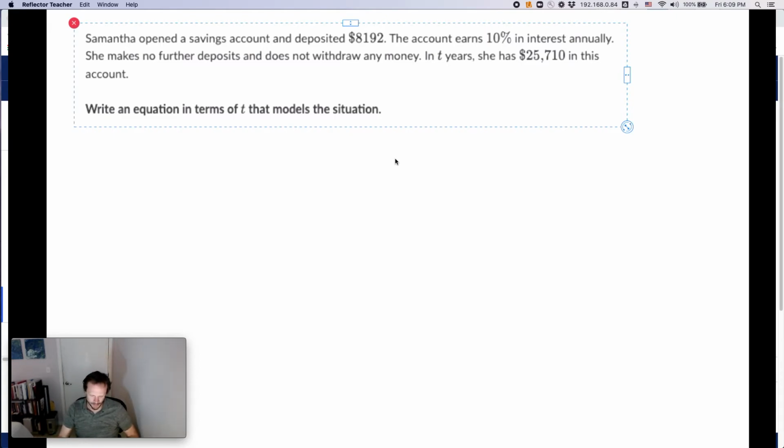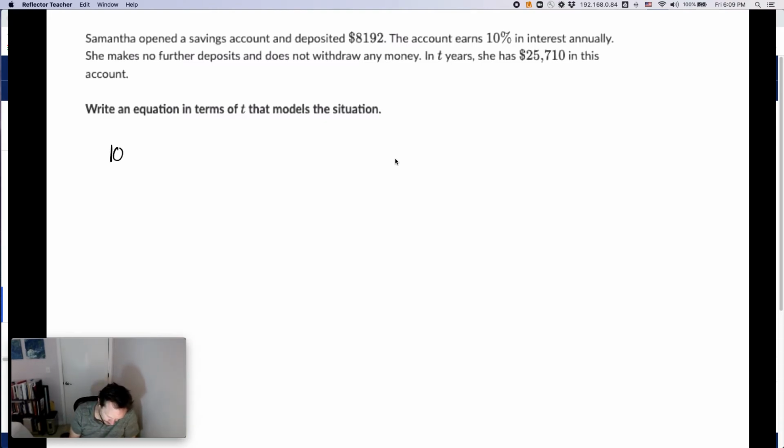So let's make up a problem with much easier numbers. $100 account earns 100% interest every year.